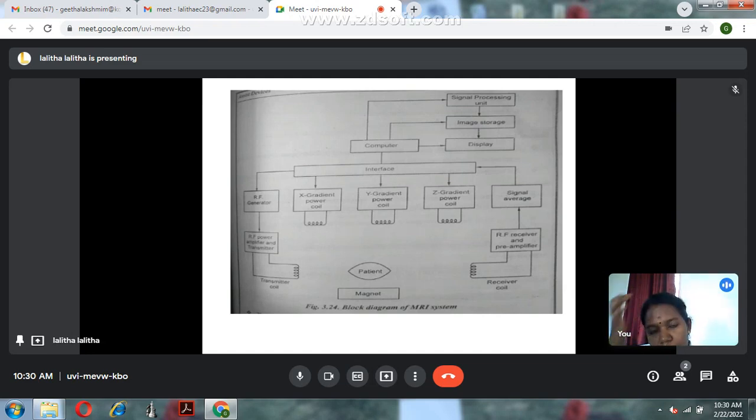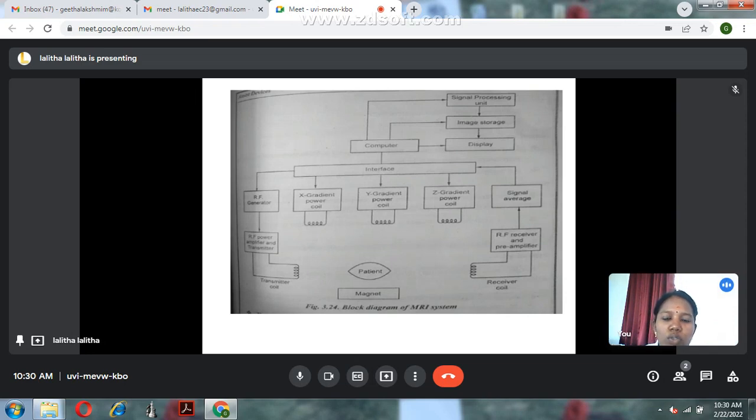The interface makes a connection between the computer and the patient. The computer produces the images of the organs in our body. The X gradient power coil, Y gradient power coil and Z gradient power coil are also connected to the interface, and so is the RF generator.